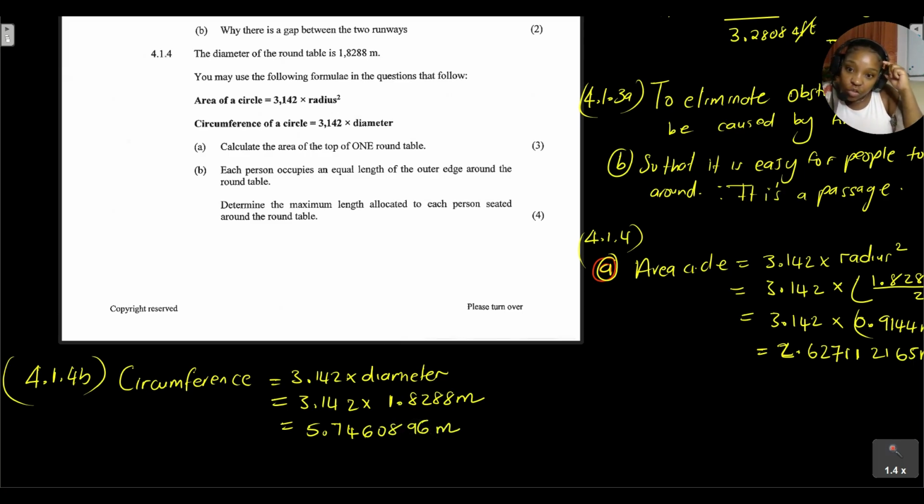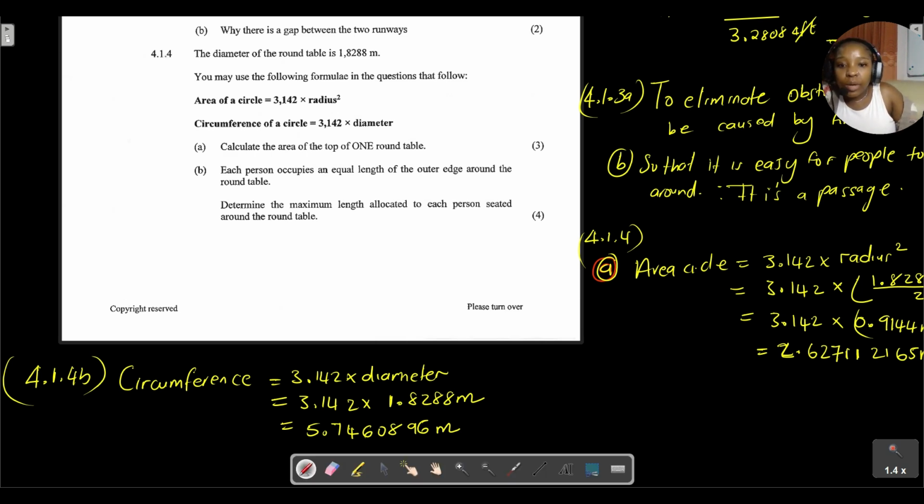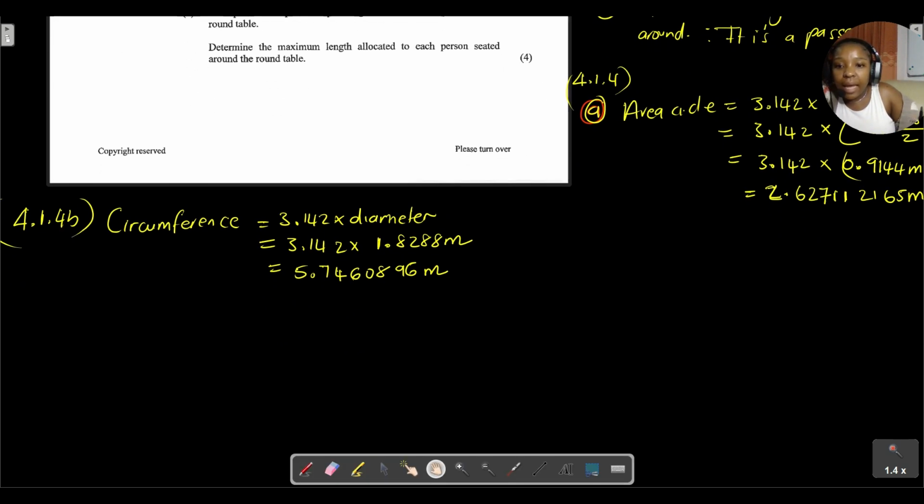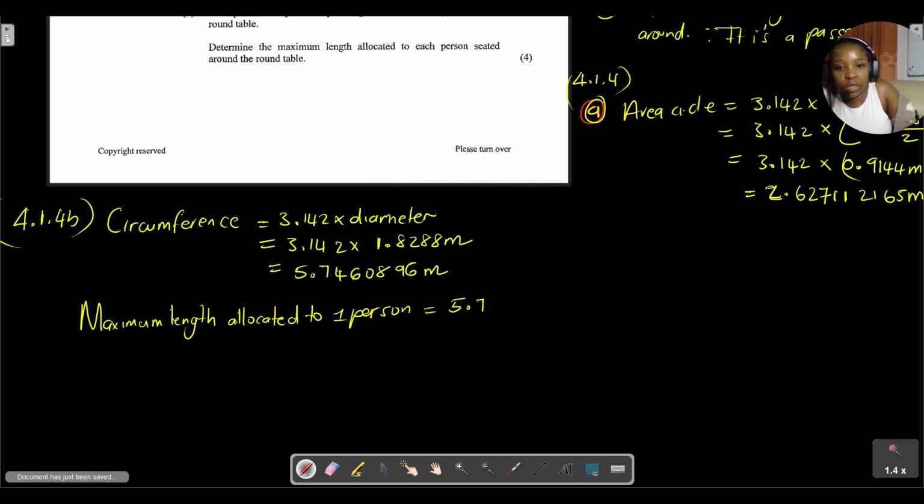But remember, we're trying to determine the maximum length that one person can take up. Therefore, to get the maximum length allocated to one person, we're going to take this answer of 5.746086 meters and divide it by 10, because one table can take a maximum of 10 people.